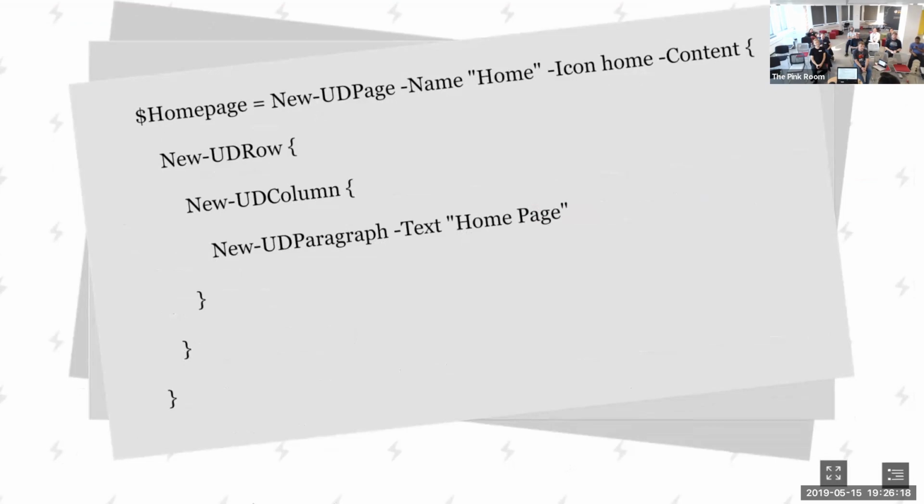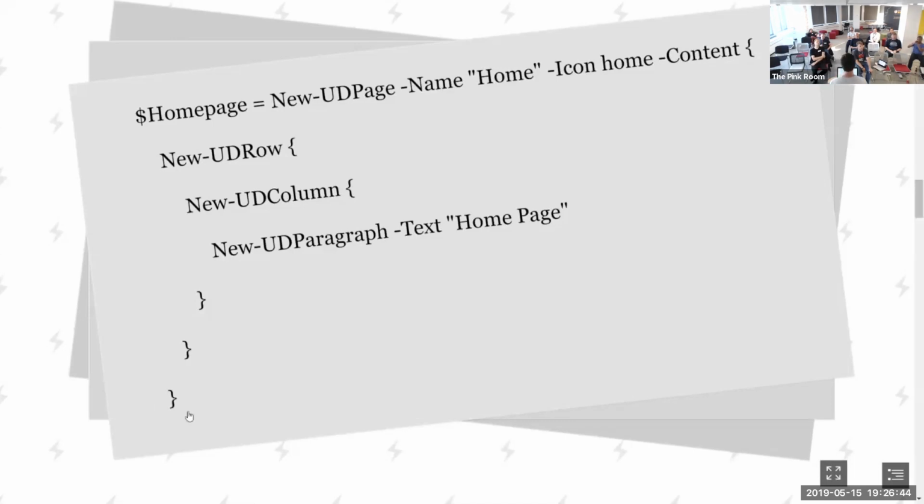It uses web glyphs or something, so you get stacks of inbuilt ones. So I just pick the home icon. And then you can see there's a large script block of content. If you're familiar with HTML, tables and grids, you've got a row, you've got a column, so I've got a row, I've got a column, and I'm just going to have a New-UDParagraph with text that says homepage.